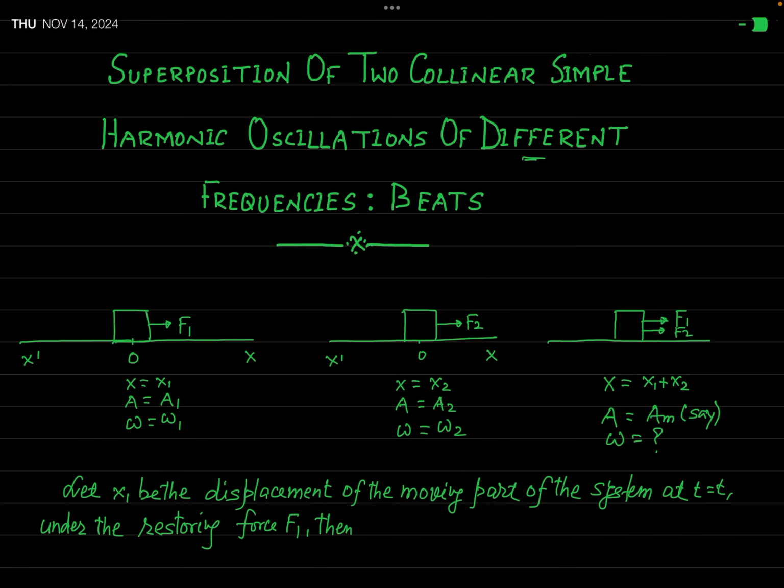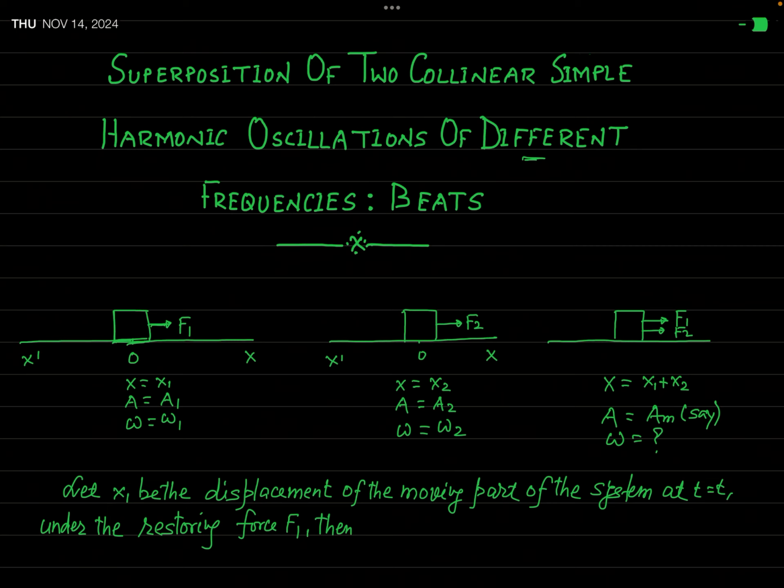And for this, as we have seen earlier, we have shown in this figure an oscillator, or you can say an object, which is acted upon by a restoring force F1, as you can see in this first figure. And under this restoring force F1, this oscillator performs simple harmonic oscillations.